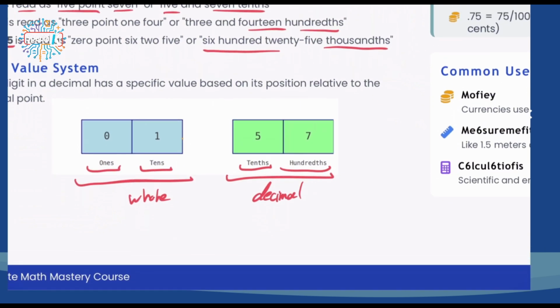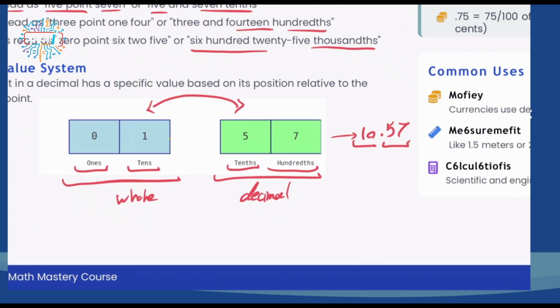So if I combine these two together and write it down, it would be something like this: 1 as tens, 0 as units, and after the decimal point, 5 as tenths and 7 as hundredths. By considering this, I know that the whole number has a place value system, and the decimal part also has a place value system as well.